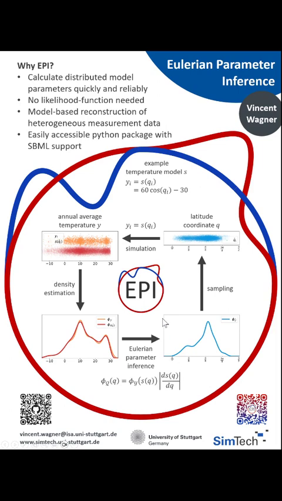And secondly, without defining any likelihood as you would do it in a Bayesian setting or any distance function as you would do it in an approximate Bayesian setting, we perfectly reproduce our data distribution here.